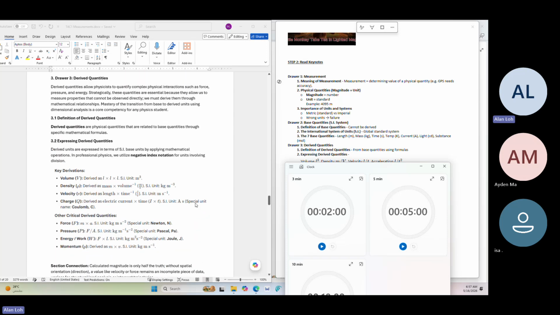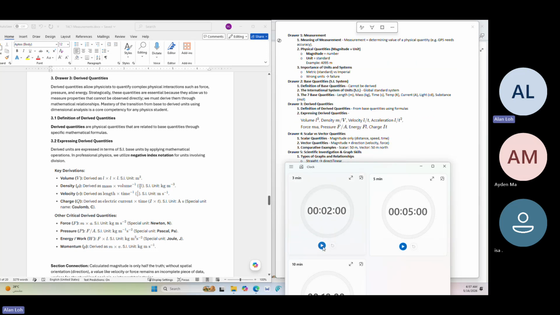Drawer 3, okay, it's about 1 page. Same thing. Let's do it now.